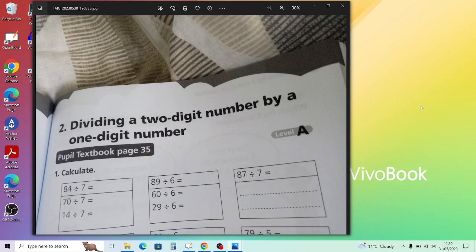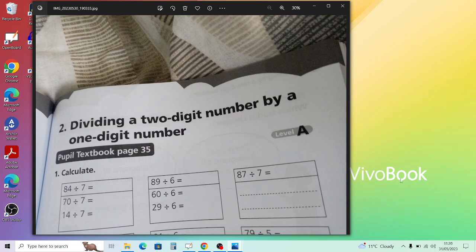If it's remainder 4, we know the divisor has to be greater than 4. So it could be a 5, but then we have to double check if it gives you a remainder. 5 will not give you a remainder. 6 could give you a remainder. So try 6 and see how you get on with that.